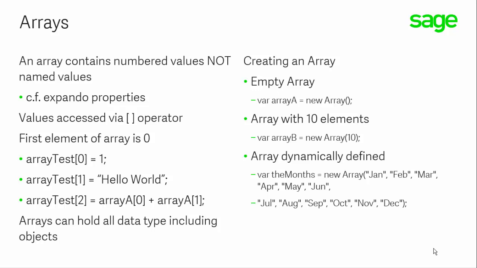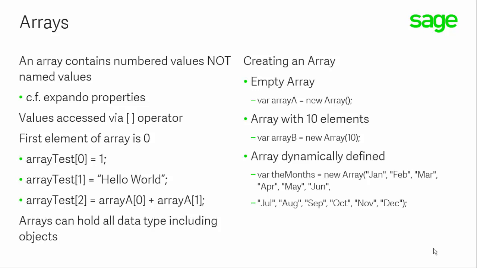Array values are accessed via this square bracket operator, and arrays are zeroth, which means that the first element of the array is 0. So we would say array test square bracket 0 is equal to 1. That's assigning the first value of the array.